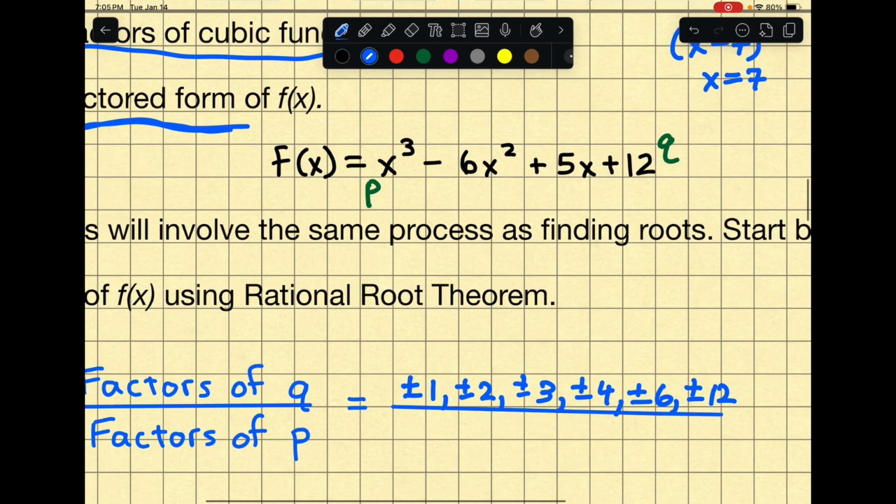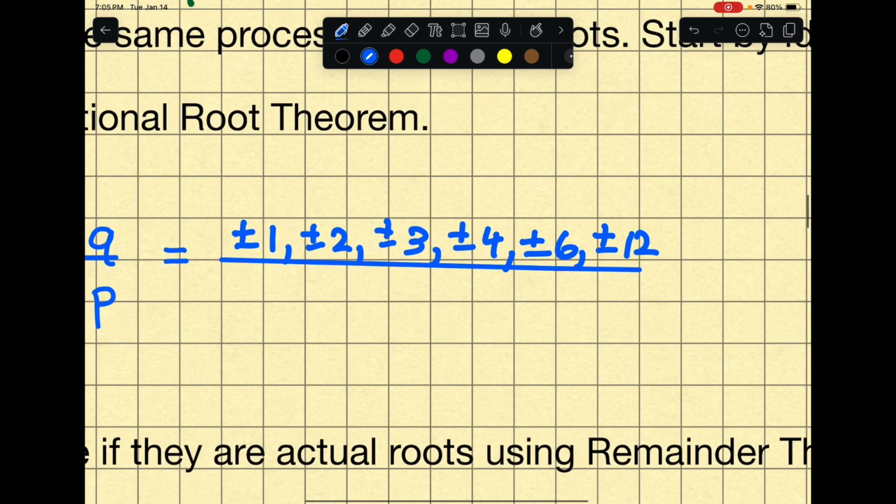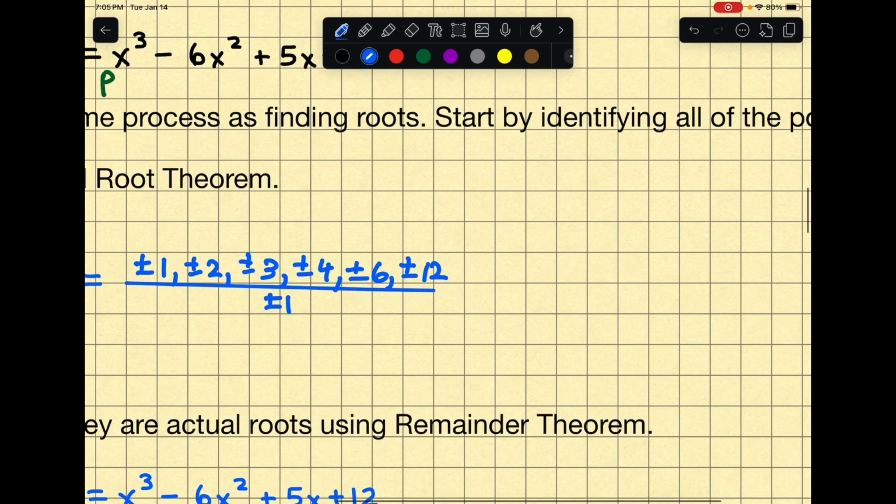Fortunately, the leading coefficient is just 1, so inside the denominator we just have plus or minus 1. That makes things pretty easy. So our possible roots are plus or minus 1, 2, 3, 4, 6, and 12.